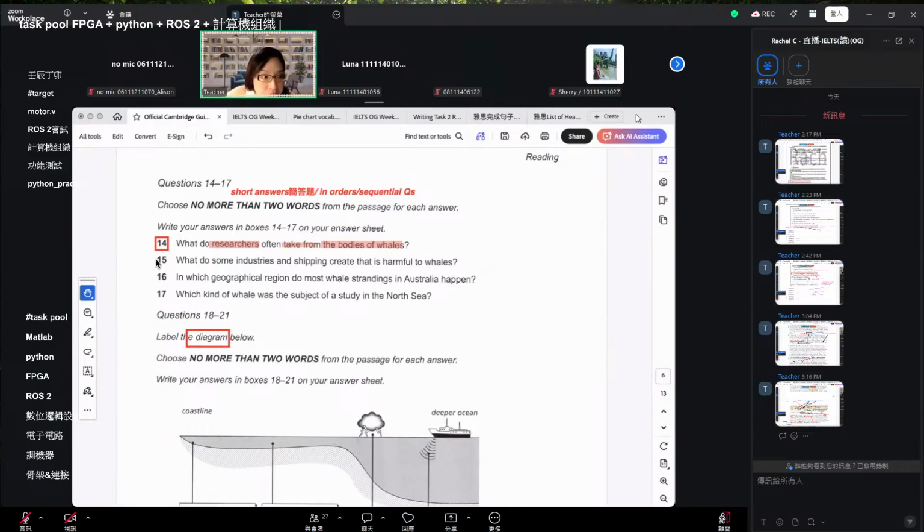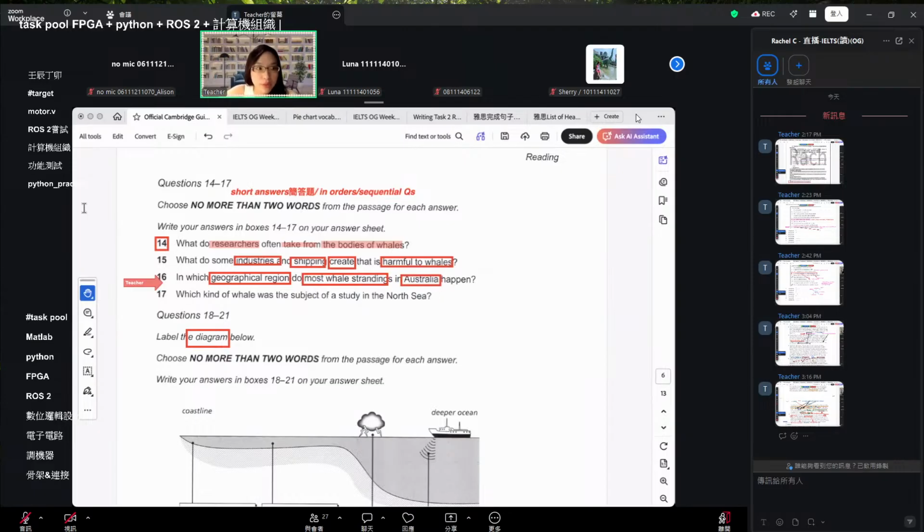Okay, so I will explain some very capricious sentence formation, but we will not go for the detail. Question 15 was referring to what some industries and shipping create that are harmful to whales. So the locating words were industry as well as shipping. We need to know for industries and shipping company. 16, which geographical region? That certainly is going to be the name of a location. Most whale strandings in Australia happen.